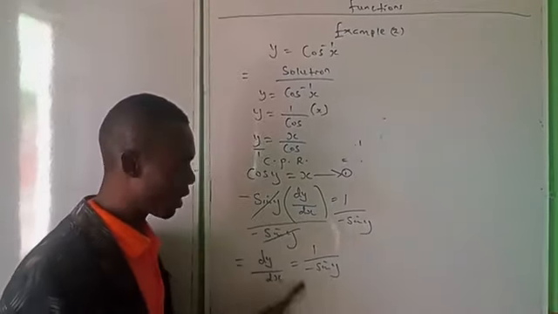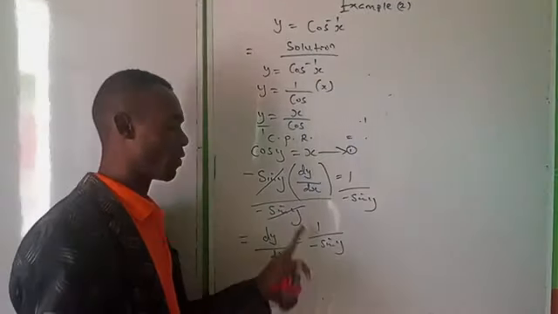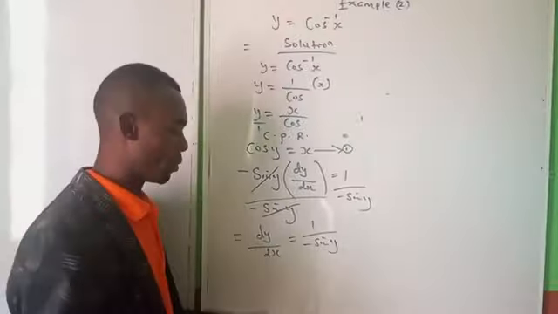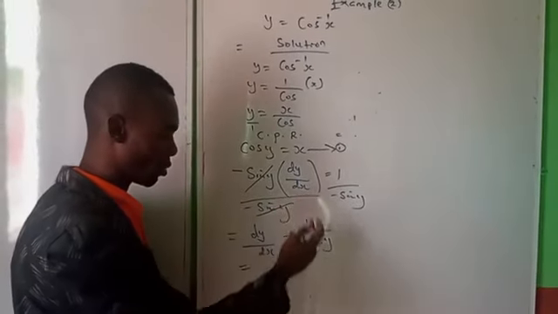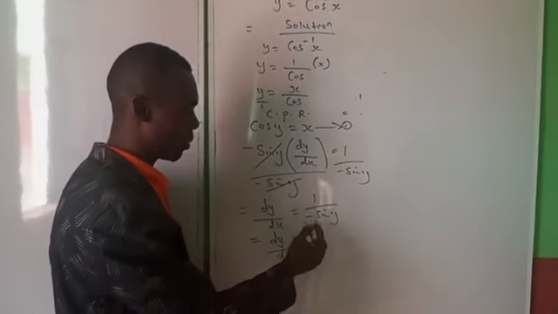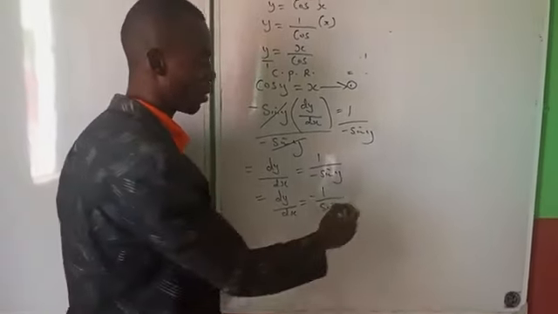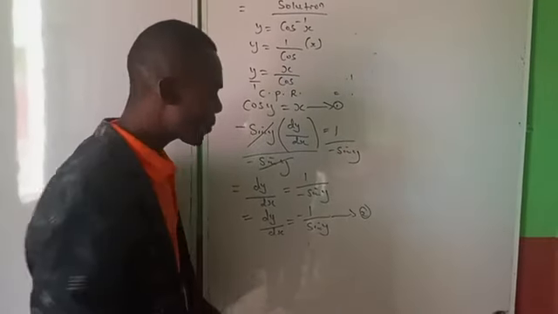But in mathematics, we can't just put the negative at the denominator. We transfer the negative up to the numerator. Now we have dy with respect to ds to be minus 1 all over sine y. We can call this equation 2.